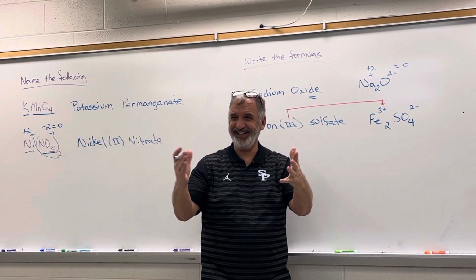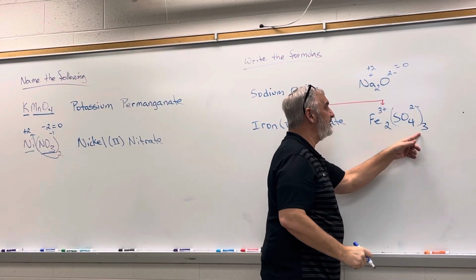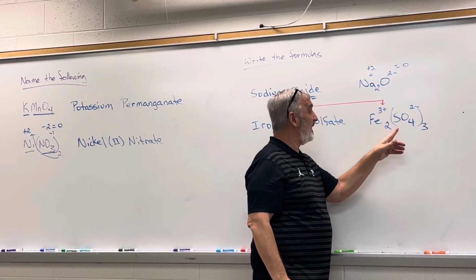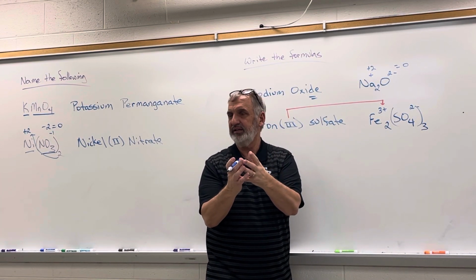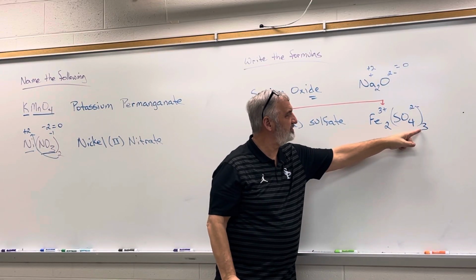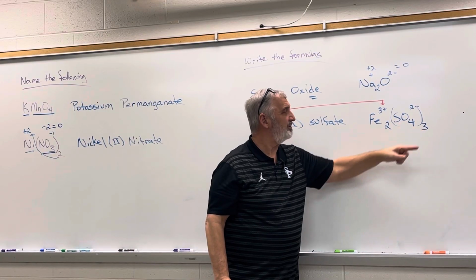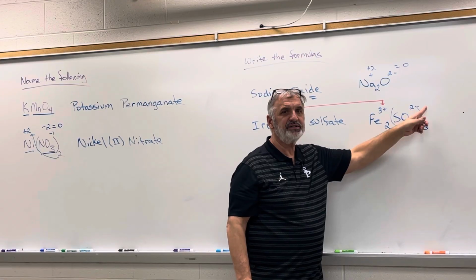So you gotta have the 3 here, because I need 3 sulfates, okay? Now, notice I don't need a parenthesis on the iron, because it's just a monatomic ion. But when you have a polyatomic ion and we need more than one, you put a parenthesis with the 3 down below it, okay? Now, I don't care if the -2 is inside the parenthesis or outside the parenthesis.